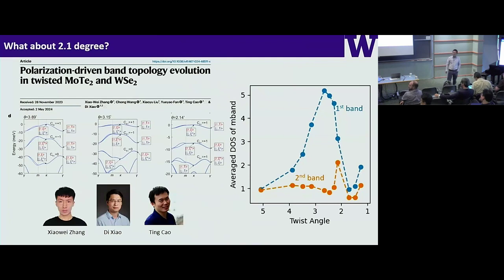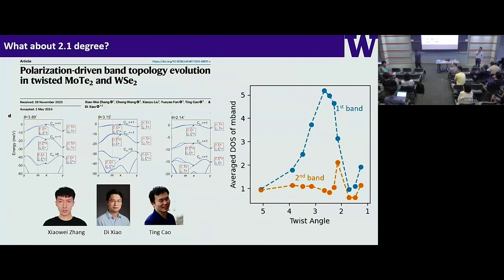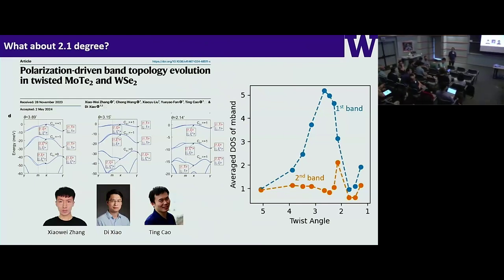Basically what we find is there's a very strong twist angle dependence in terms of those continuum model parameters. When people think about graphene, because there's only one magic angle, you don't really think about twist angle dependence, but here there's a wide range of phenomena that are really twist angle dependent. You can go from a very dispersive band at 5 degrees down to a very flat band at 2 degrees.